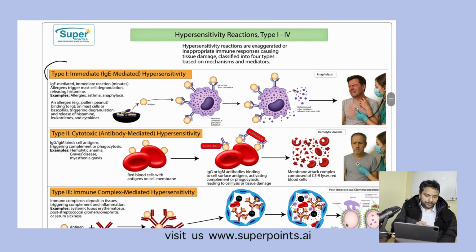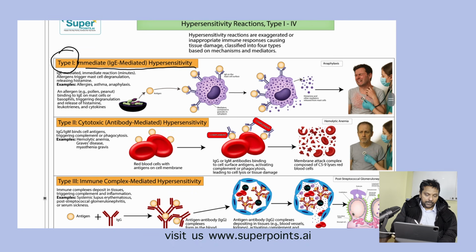Type 1 is immediate IgE-mediated hypersensitivity. IgE-mediated immediate reaction, within minutes. Allergens trigger mast cell degranulation, releasing histamine. Examples: allergies, asthma, and anaphylaxis.